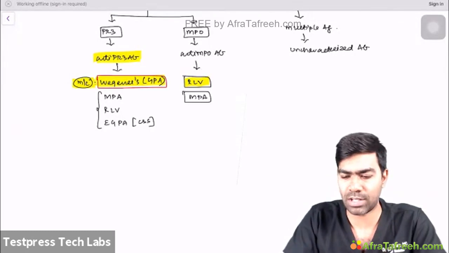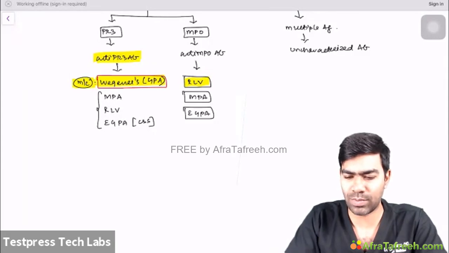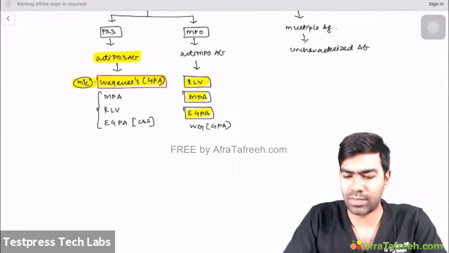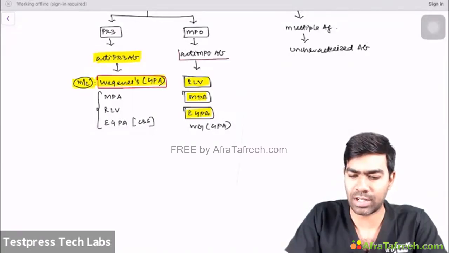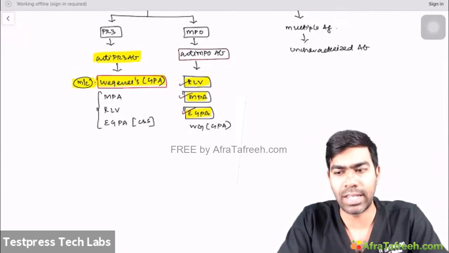You can have a substantial association with EGPA, that is eosinophilic granulomatosis with polyangiitis, but a very poor association with Wegener's granulomatosis, that is GPA. You don't have a good association. Which means whenever you talk about a myeloperoxidase antibody, as far as exams are concerned, you are going to think about these three disorders, that is renal limited vasculitis, microscopic polyangiitis, and EGPA.